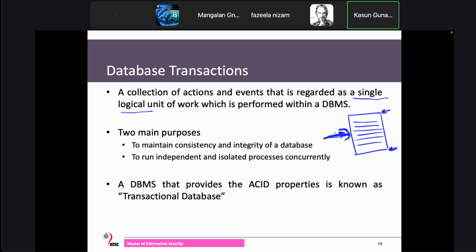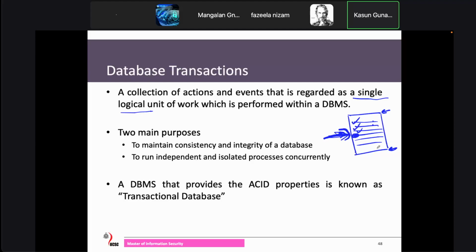So if it fails here, it might actually have failed somewhere here, right? At this point, some of the internal activities have been performed, but these activities should not be reflected as a result because the entire unit has failed now.